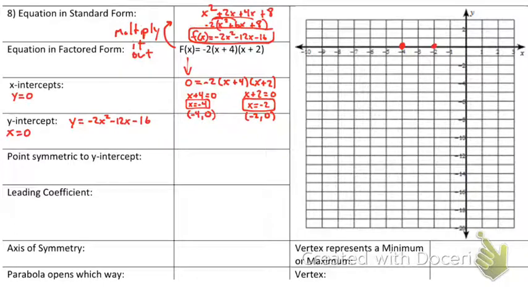And for every x, I'm plugging in 0. What you'll notice is when you do that, your answer is always going to be your c value, or the number without the variable. Watch. We want to know what y is, so for every x, I'm going to plug in 0.